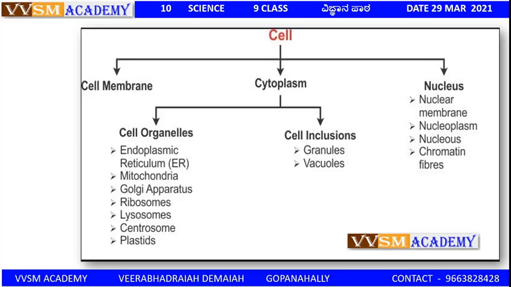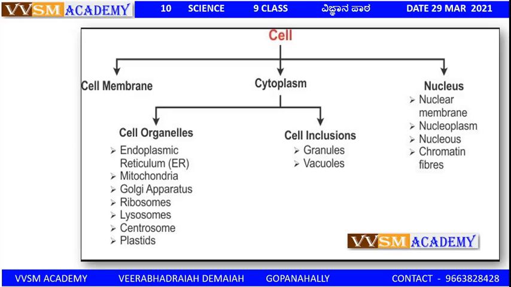Cell membrane is the outermost layer of the cell. Cytoplasm is another important component, which is further divided into cell organelles and cell inclusions.